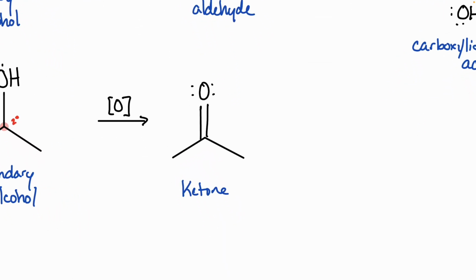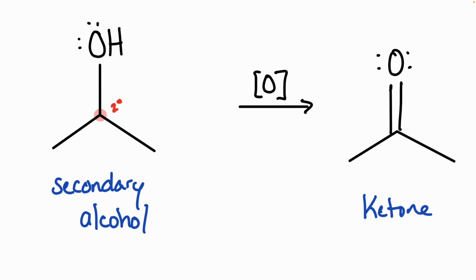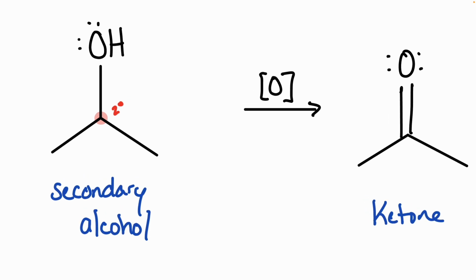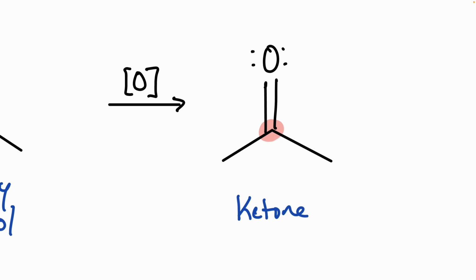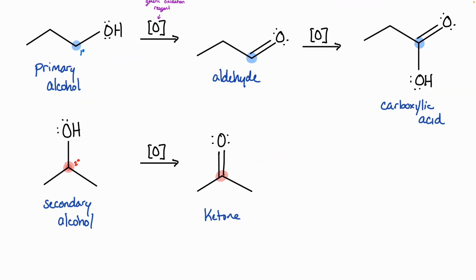So because of that, if I have a secondary alcohol, how many hydrogens are on that secondary carbon? This one right here. Now there's just 1. When I go over here to my ketone, how many hydrogens are there? None. So if I attempt to oxidize this again, I'm not going to get any reaction. Okay? You cannot oxidize a ketone any further. That's as much as we can do.